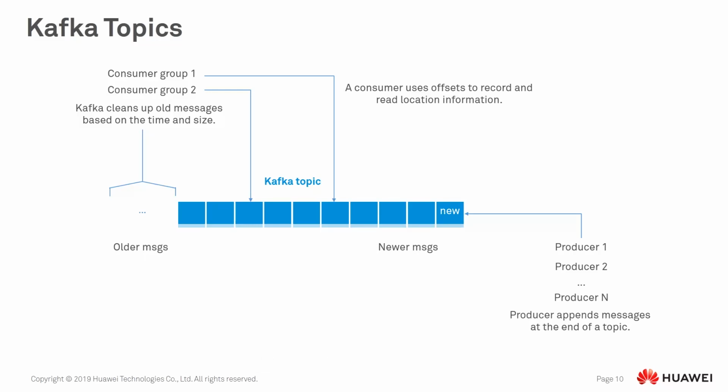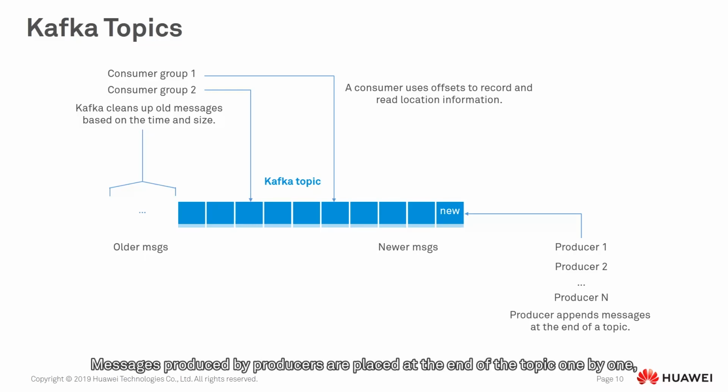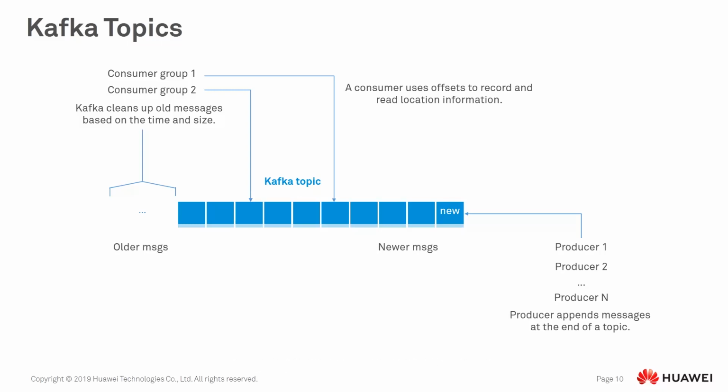Inside of this queue, this little box is a message. Messages produced by producers are placed at the end of the topic one by one, and consumers read messages from left to right and use offsets to mark read locations. I'll explain what an offset is later.